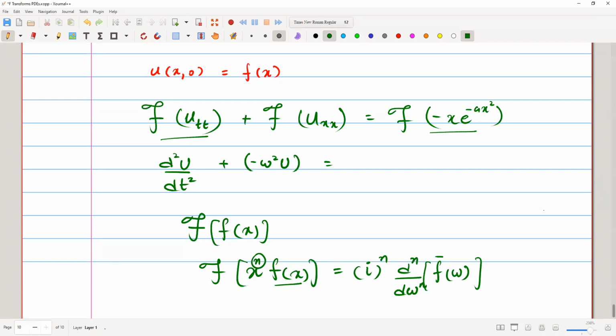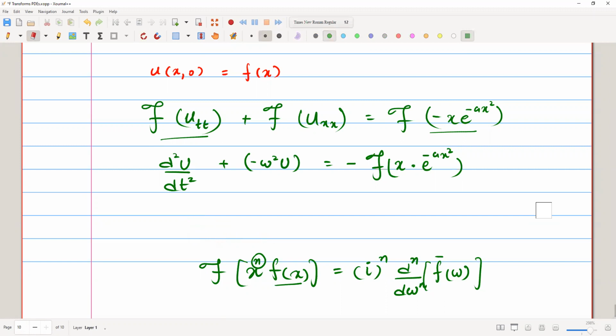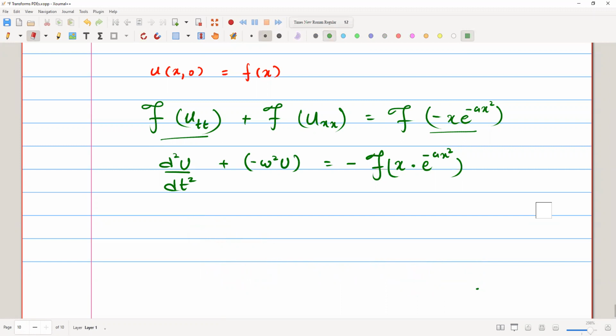So by using this property, first of all, we can take this negative sign outside, and then we can write the Fourier transform of x times, if we know the Fourier transformation of this function, that is exponential. So now we have the Fourier transformation of exponential to the power negative ax squared. We already computed this transformation.